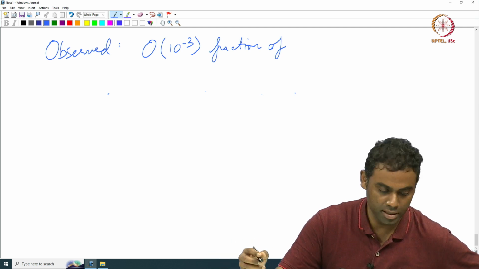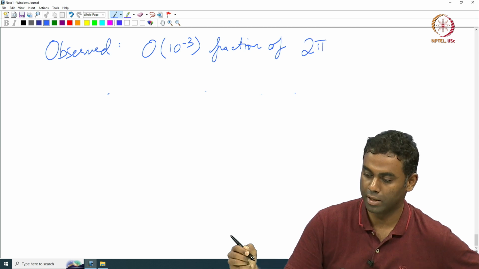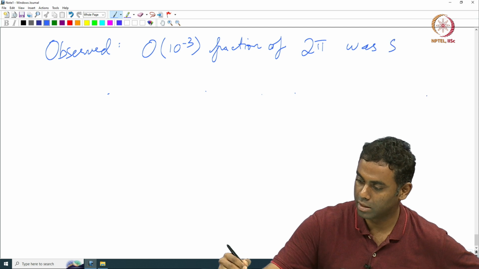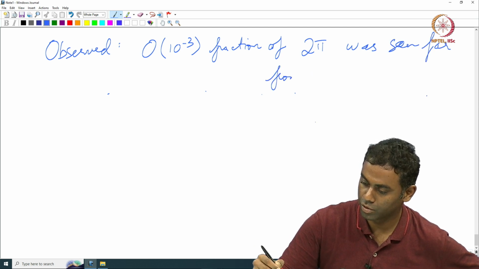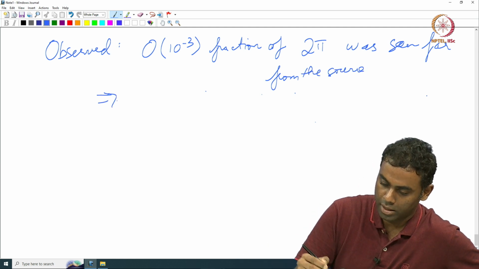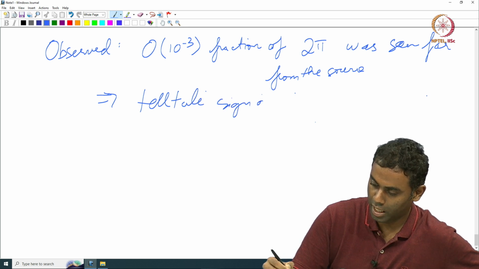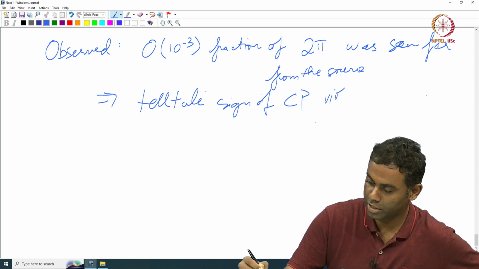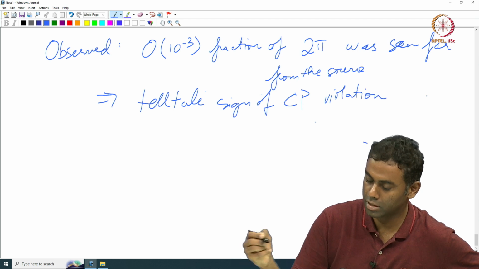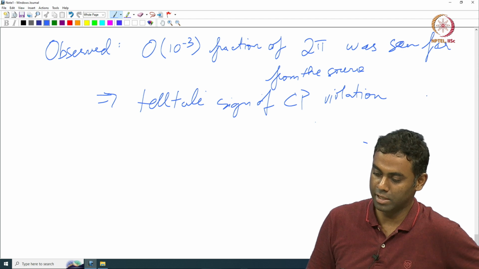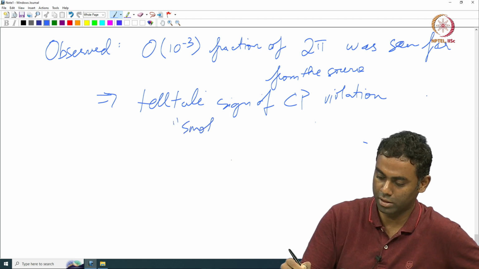An order 10 power minus 3 fraction of 2 pi was seen far from the source, and that is a telltale sign of CP violation. Only if CP is violated this could happen, okay? Telltale sign or a smoking gun, whatever you want to call it.